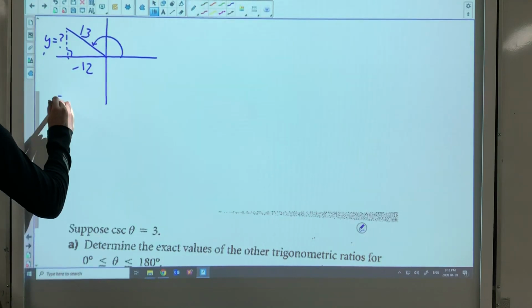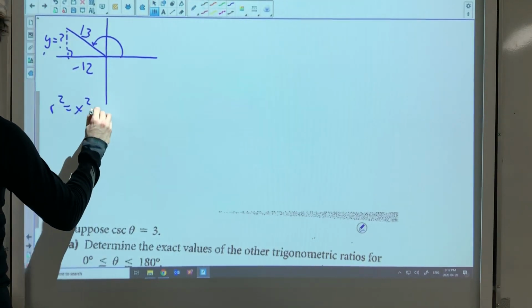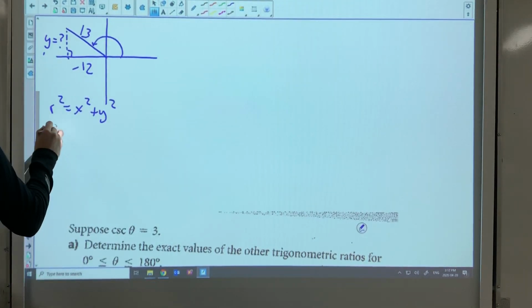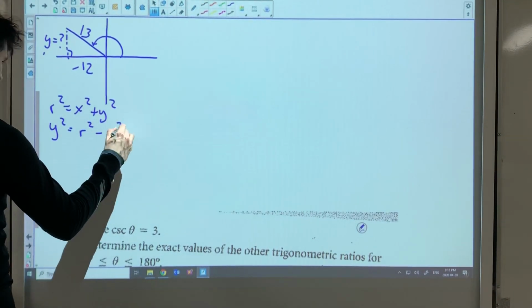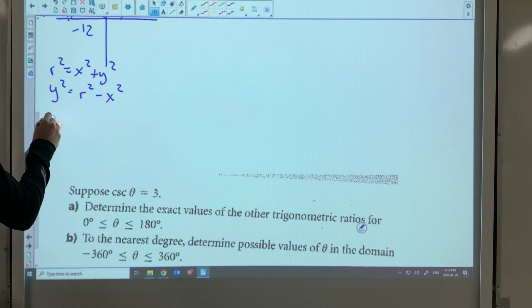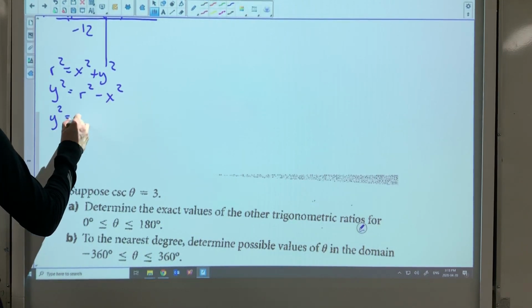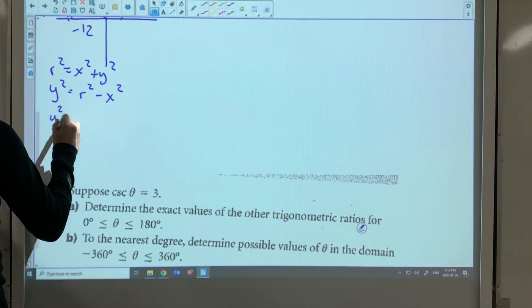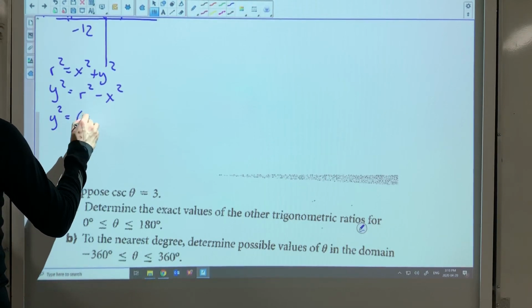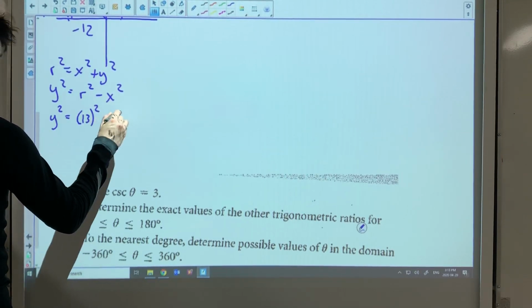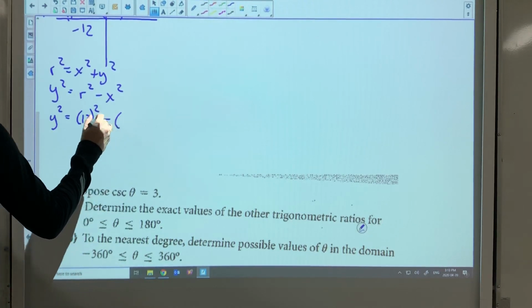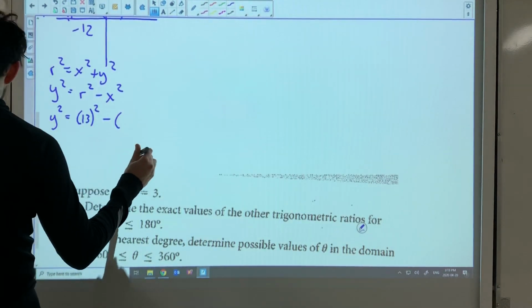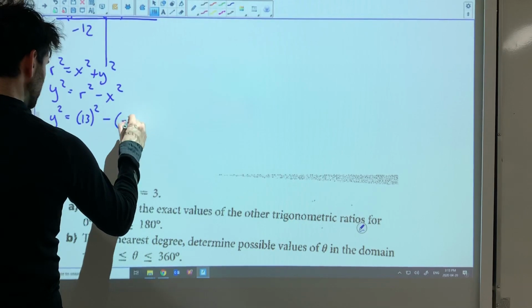All right, so here's our formula. We can solve it for y. So y squared is r squared minus x squared, and we can go ahead and pop everything in. What was r in this case? It was 13. So we're going to go 13 squared, subtract negative 12 squared.